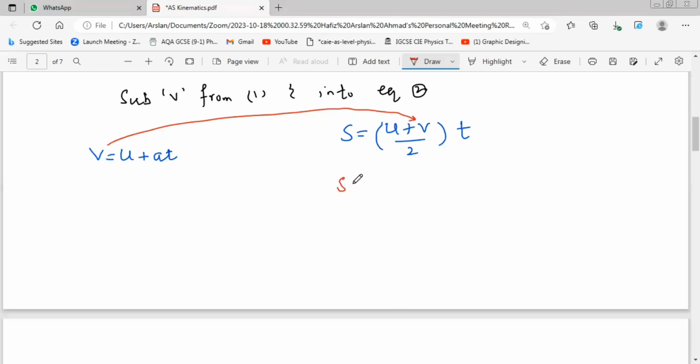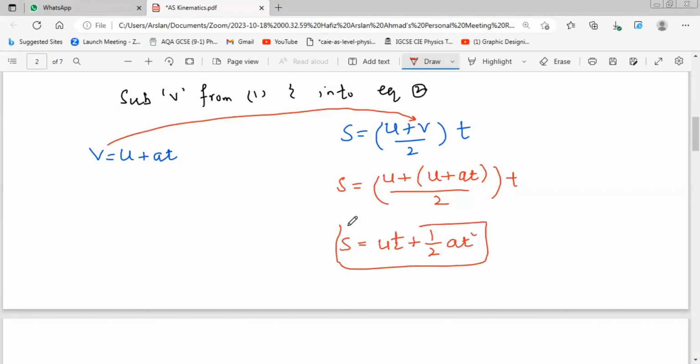So s is equal to u plus, by substituting v, which is u plus at, divided by 2 multiplied by t. By solving this equation, we will get s is equal to ut plus 1 over 2 at square, which is the third equation of motion.